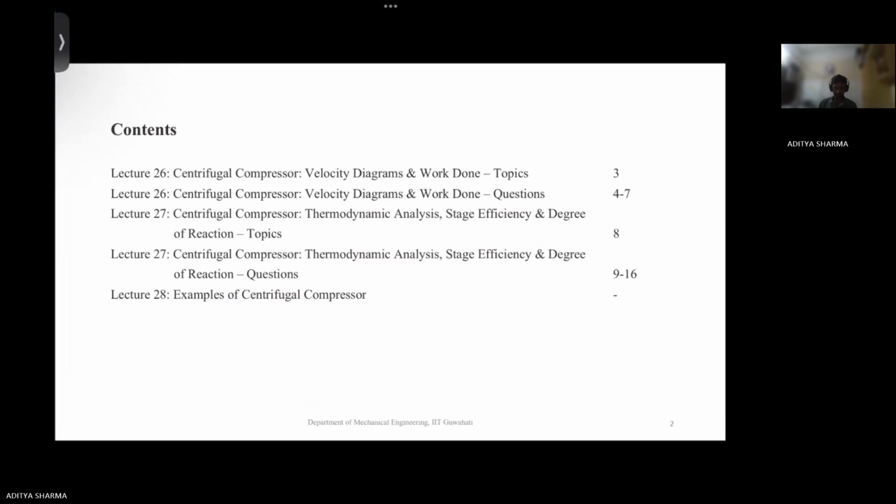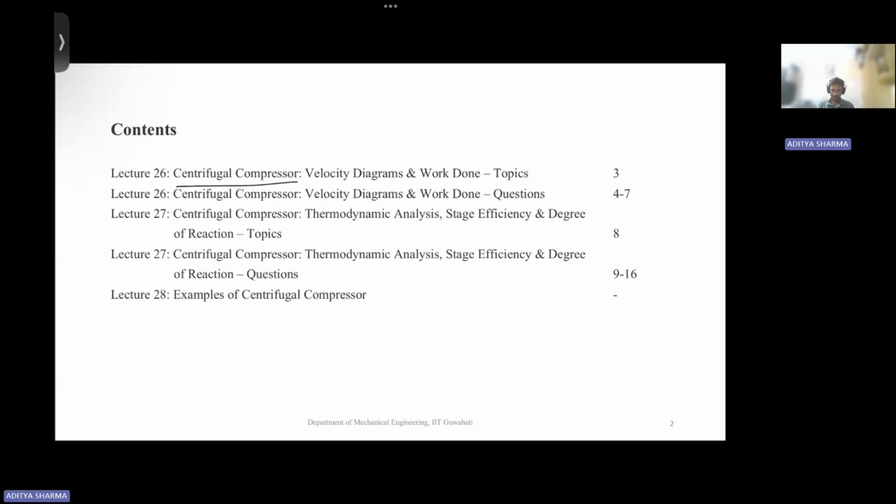So in that effort, we are studying centrifugal compressor. So as the name suggests, by centrifugal force, you are trying to compress air.